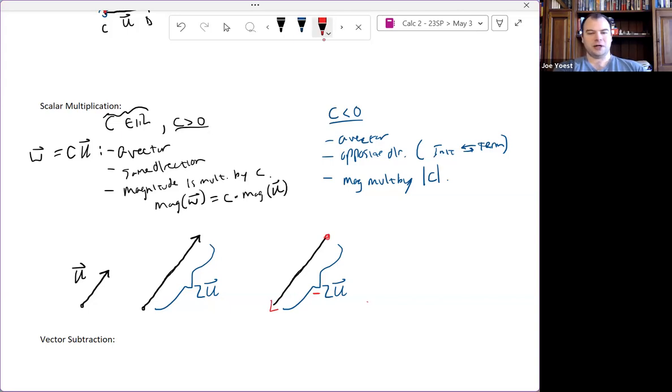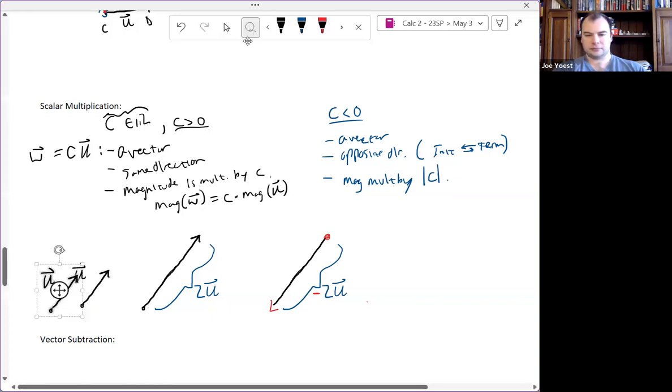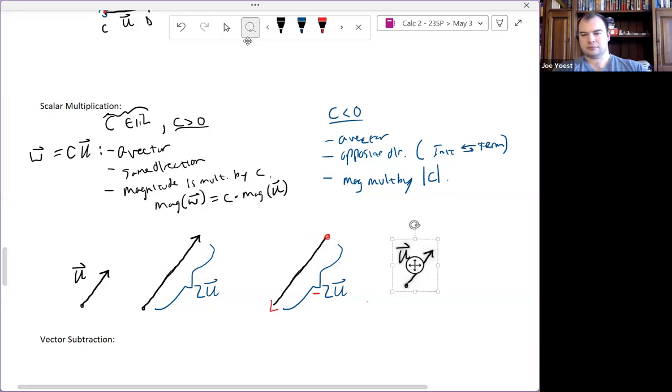So I make 2u bar and then I just swap the initial and terminal points. If I had a half u bar, I would cut my magnitude in half, and that would compress my vector.